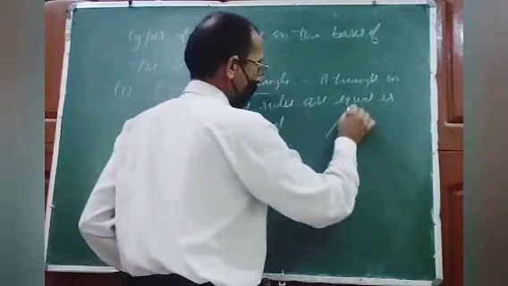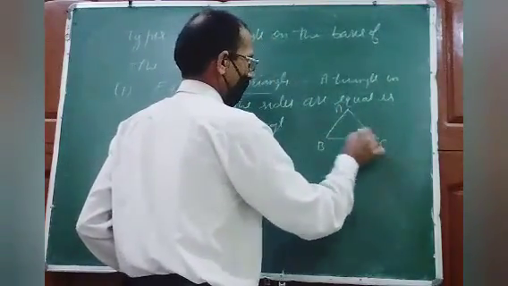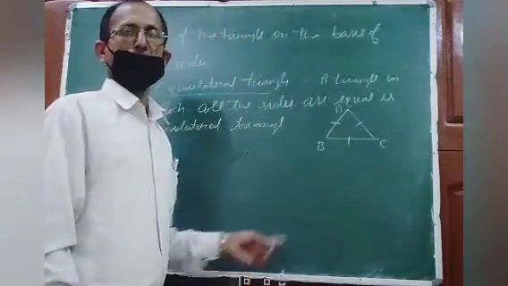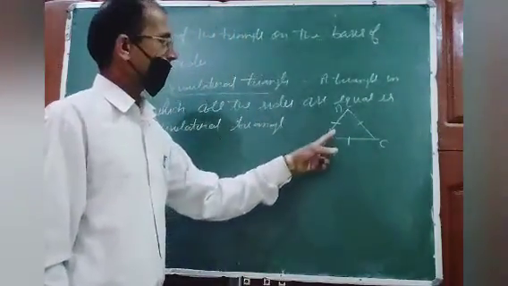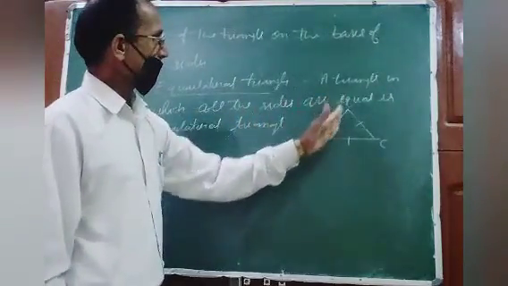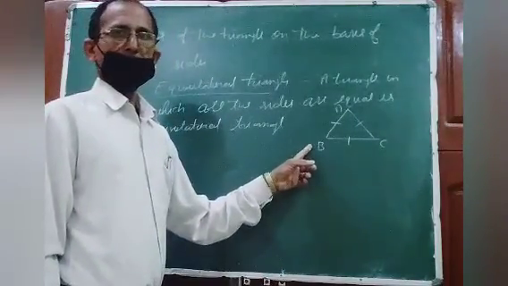So this is equilateral triangle ABC. It means the measure of all the sides are equal. Understood? A triangle in which all the sides are equal is called an equilateral triangle.